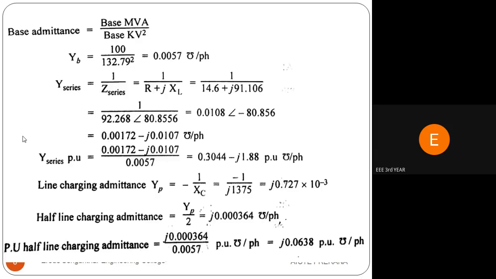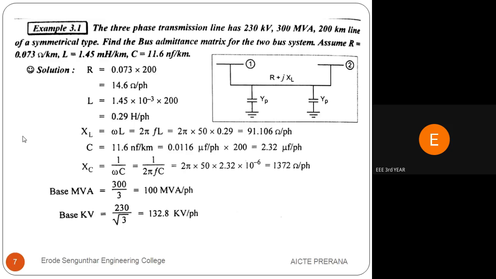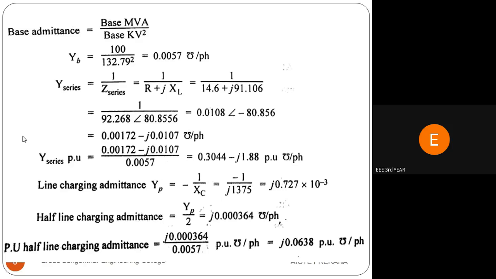And now we have to find out base admittance. To find base admittance, it has a formula: base MVA divided by base kV square. So the base admittance YB is equal to, from the previous values, base MVA value 100 and base kilovolt value 132.8. Substituting in the formula, YB is 100 by 132.8 squared.